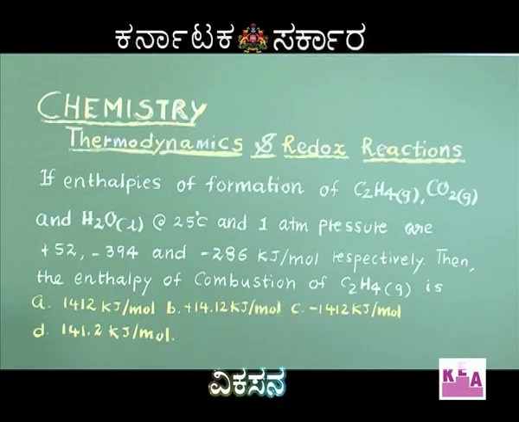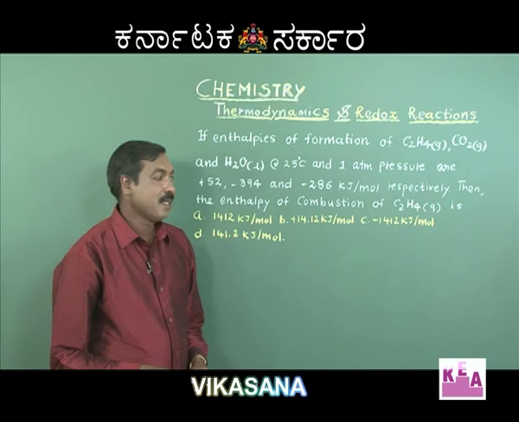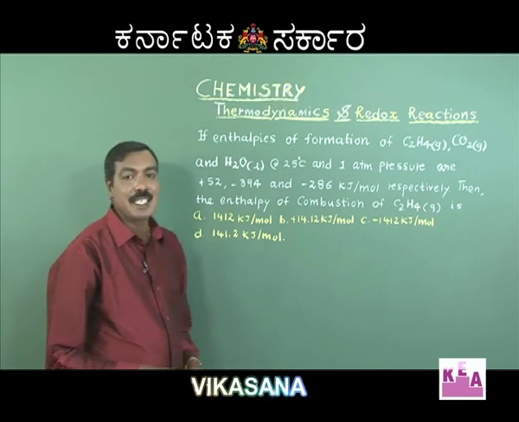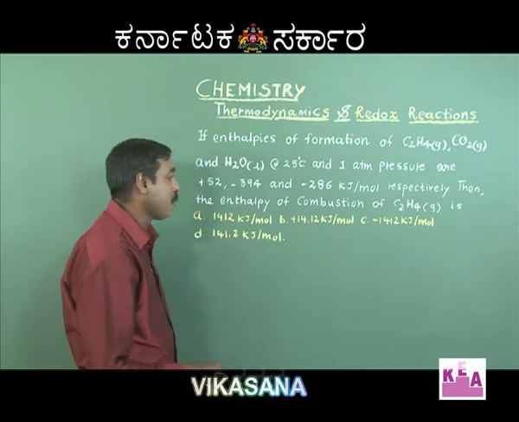Next, if enthalpies of formation of ethene gas, carbon dioxide gas and water liquid at 25 degrees centigrade and 1 atm pressure are given as follows, then the enthalpy of combustion of ethene is? Let us solve this. Let us write the required equation.